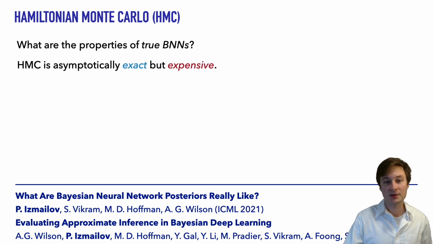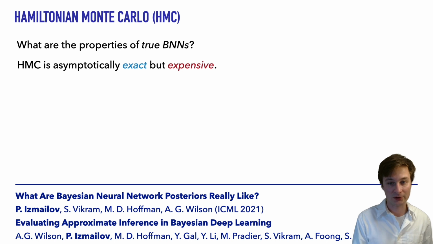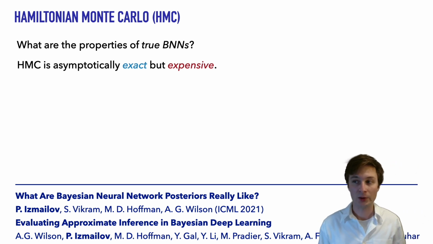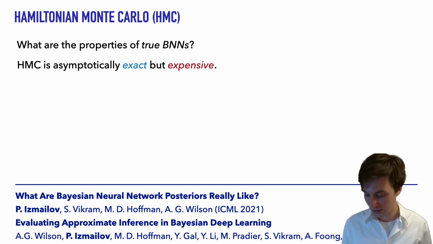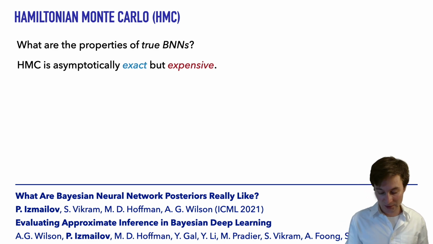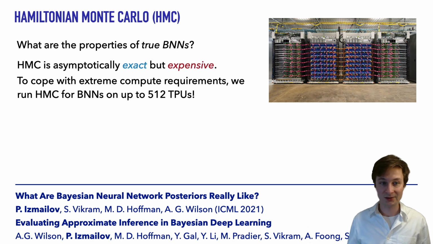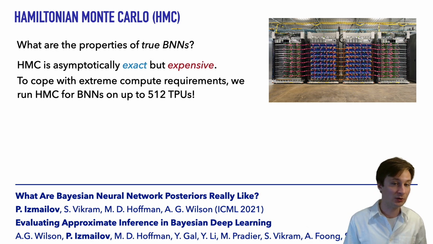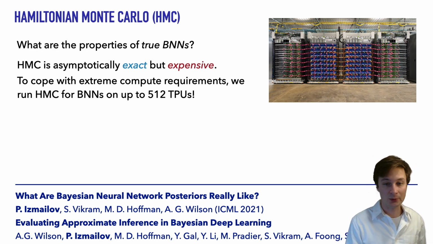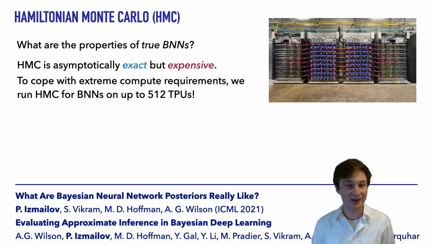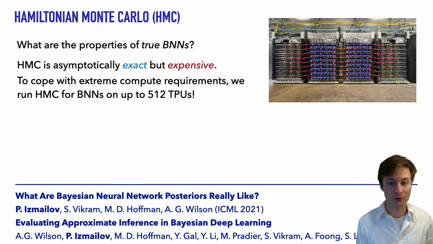But at the same time, it's extraordinarily expensive. So we'll see some experiments on CIFAR where we had to run an equivalent of 50 million epochs worth of compute in order to get the approximate posterior. And so to cope with these extreme computational requirements for the experiments in this part of the talk, we collaborated with Google Research, and we used up to 500 TPUs for multiple weeks.